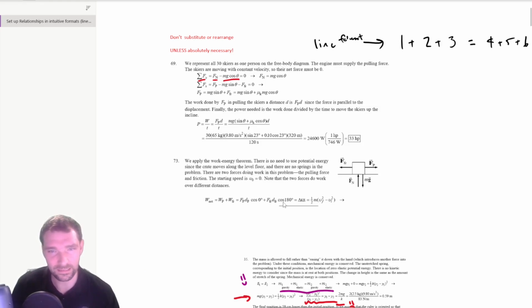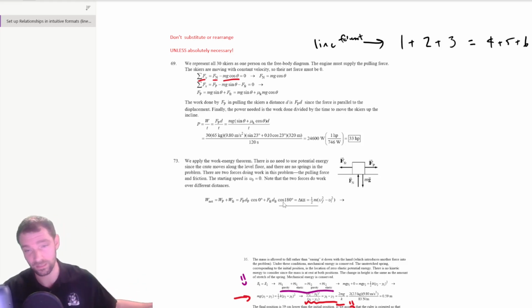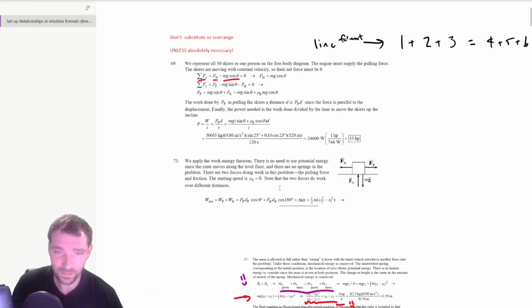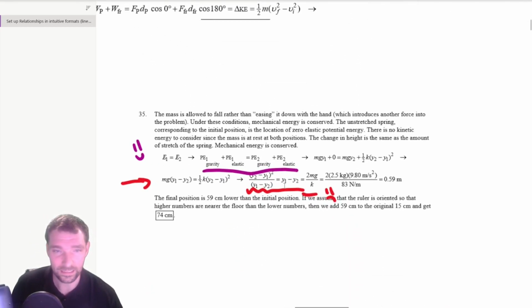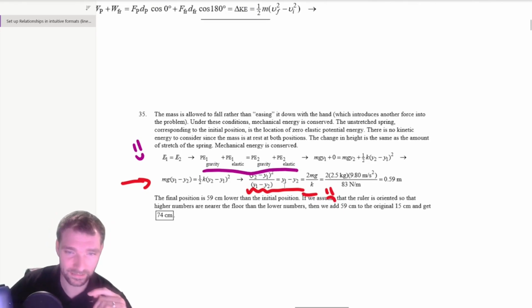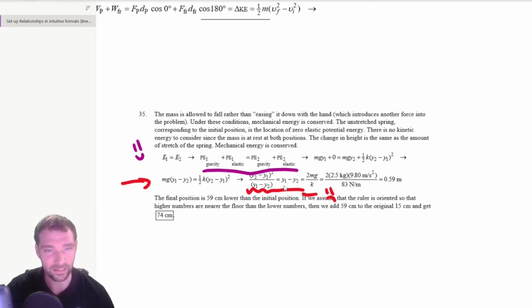And you can see that this professor really likes to do substitutions to a crazy degree. I want to move away from that because when you do too many substitutions, you don't know what you're doing or how you're doing it. You can kind of see in this problem, they looked at the energies here in purple, and that was okay.